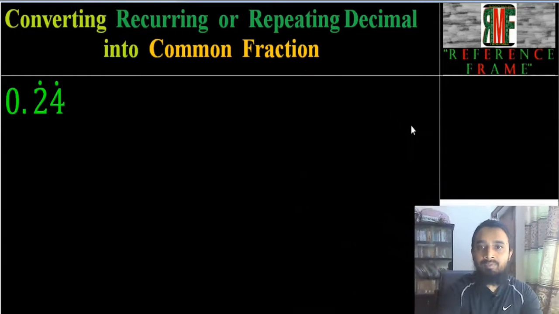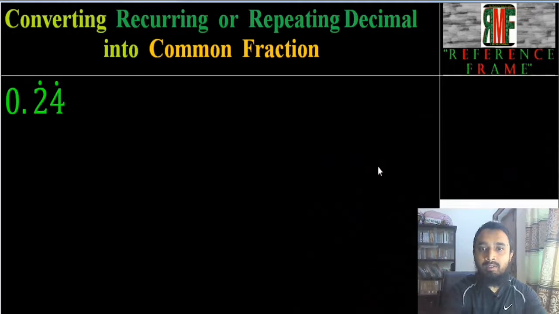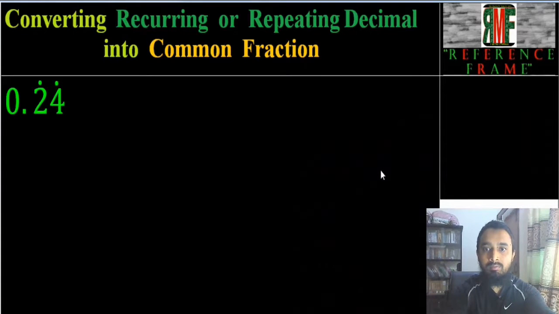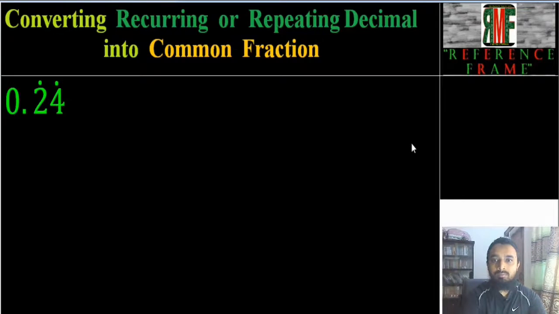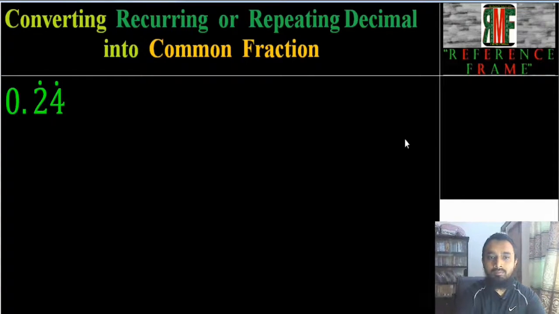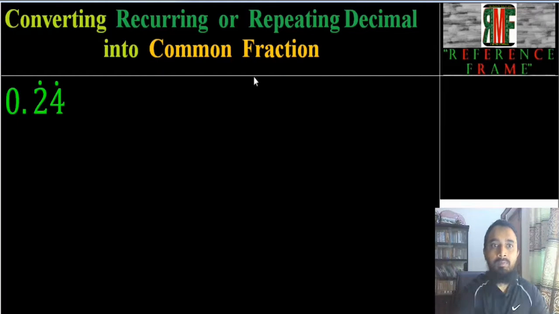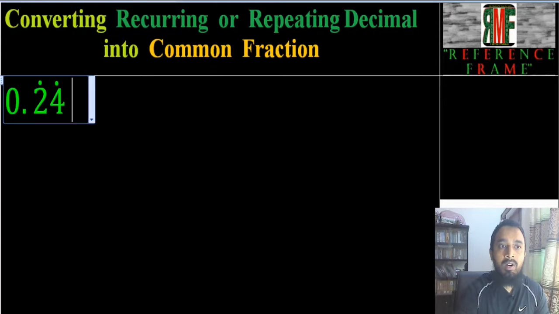So this time we're going to deal with converting 0.24. Look, there is a dot over 2 and a dot over 4.